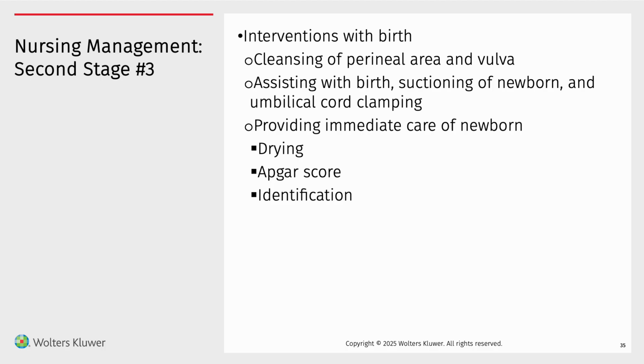Assist with the birth by supporting the newborn as they emerge, ensuring gentle handling and preventing injury. Provide immediate suction of the newborn's airway if necessary to clear secretions and facilitate breathing. Help with umbilical cord clamping, following current guidelines on timing and technique to optimize newborn transition.